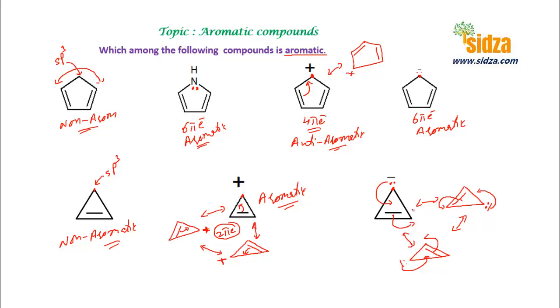And how many electrons are there in the resonance? This is a pi electron system, and we have an electron pair on this carbon, so the total number of electrons will be 4 in the delocalization. So 4 is not an aromatic number, it's antiaromatic. So this is an antiaromatic compound, right? This is an antiaromatic compound.